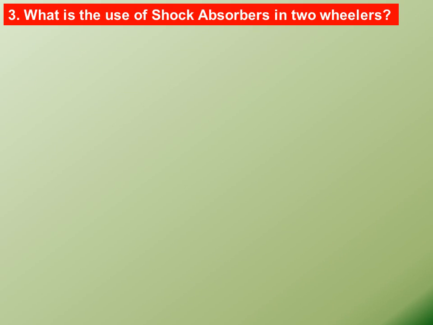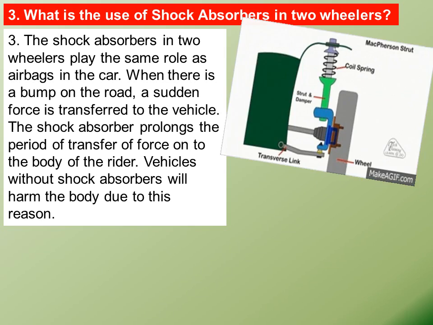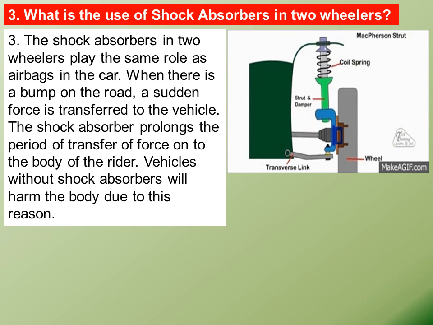Third question: what is the use of shock absorbers in two-wheelers? I think you all know the use of shock absorbers in your day-to-day life. Now let's explain. A shock absorber in two-wheelers plays the same role as airbags in a car. When there is a bump on the road, a sudden force is exerted on the vehicle.